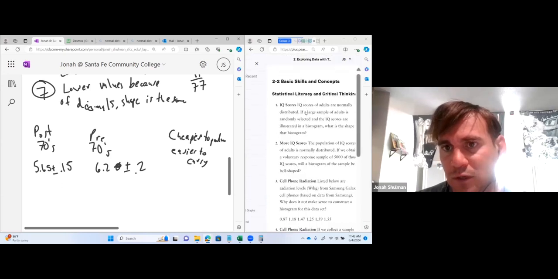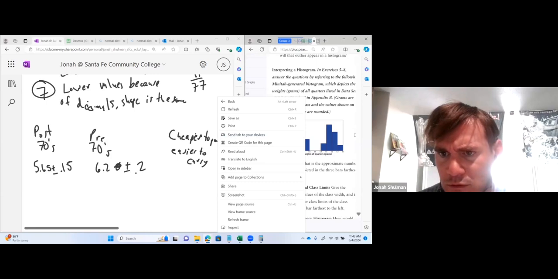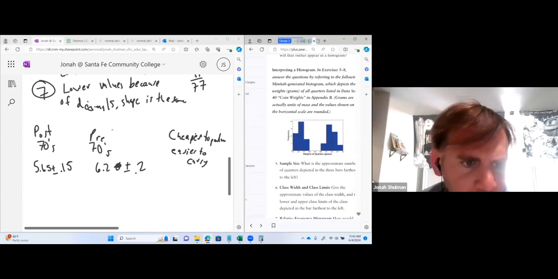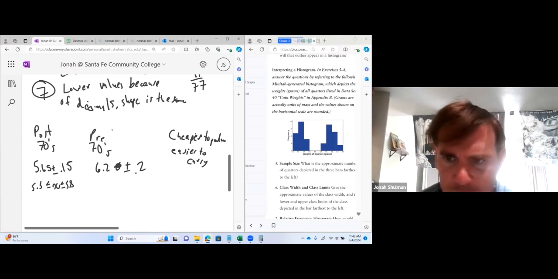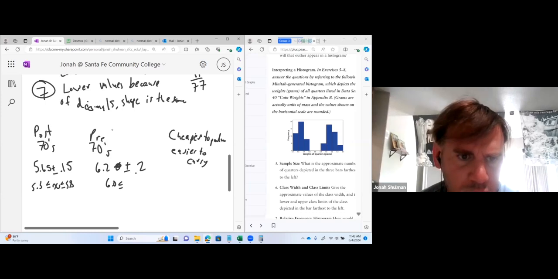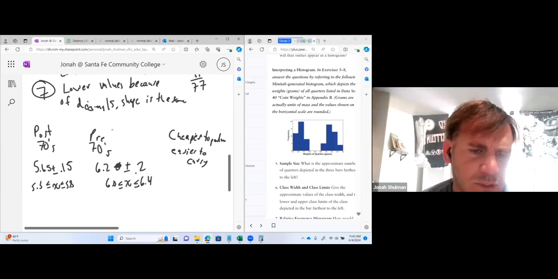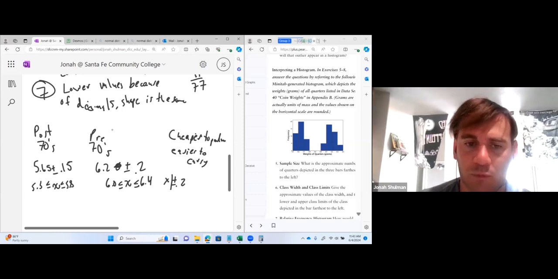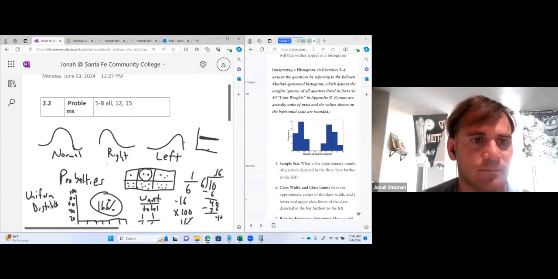Another way that they could write the margin of error is 6.5 x 5.8, and then they could write 6.0 x 6.4, and then you could just have the plus or minus with the x such that it's plus or minus the 0.2, or the 0.15, whatever it is. But that's the difference, and that's probably the reason.